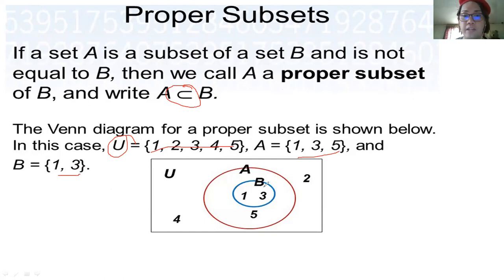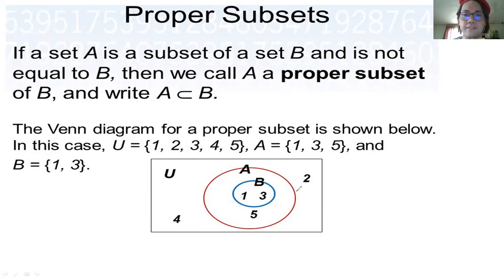Since everything is inside the universal set, it consists of the elements 1, 2, 3, 4, and 5.